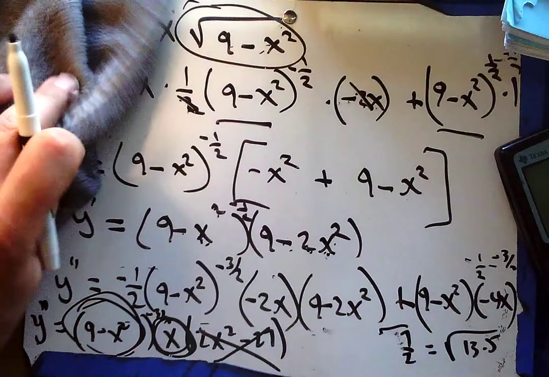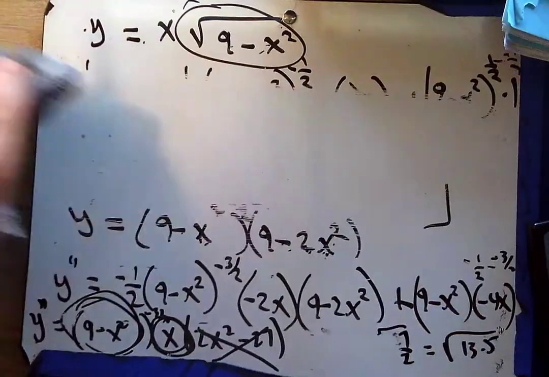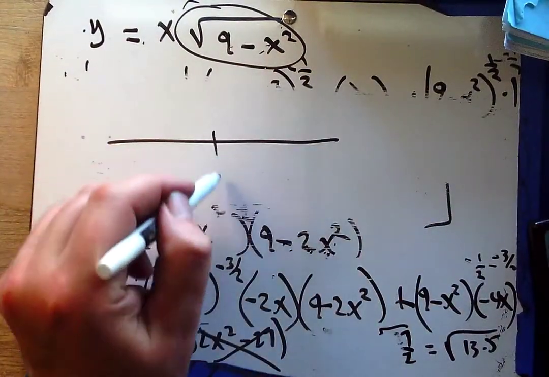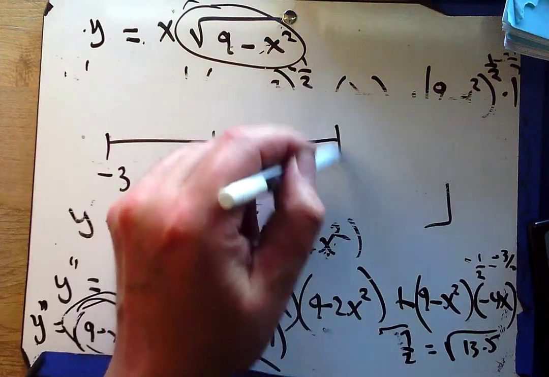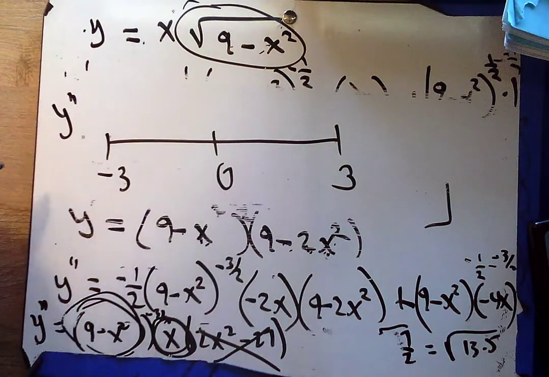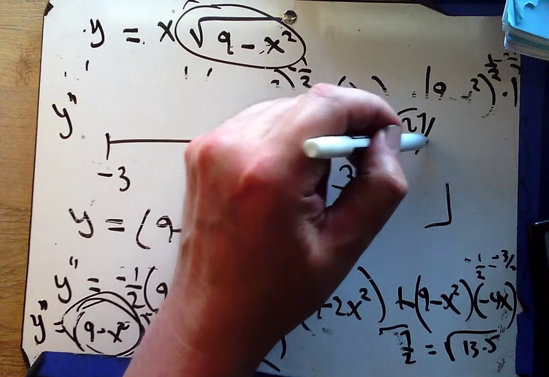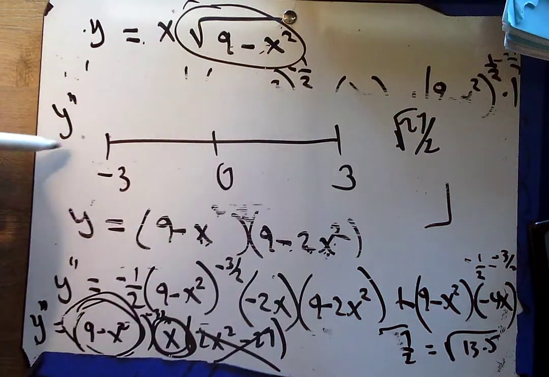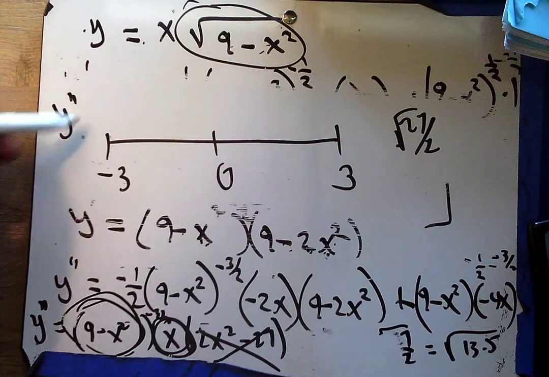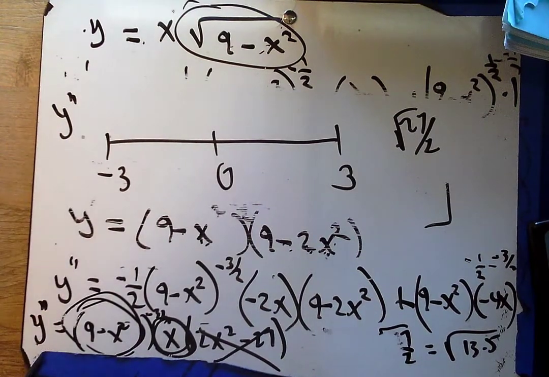So what do we know? Well, we know 0, negative 3, 3, y double prime. Because over here, we have square root of 27 over 2. And over here, negative square root of 27 over 2. So here's my y double prime.